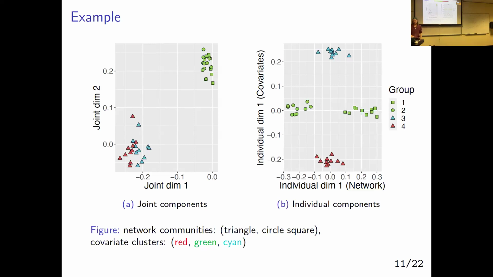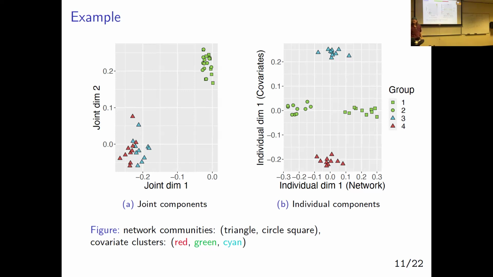For instance, the connectivity data set can distinguish between circles and squares, so you'll see those come apart on the individual for connectivity. And the covariates can distinguish between red and blue triangles. So if you plot that part of the components, you'll see that they distinguish. Okay. Everybody clear on what the joint and individual are capturing?